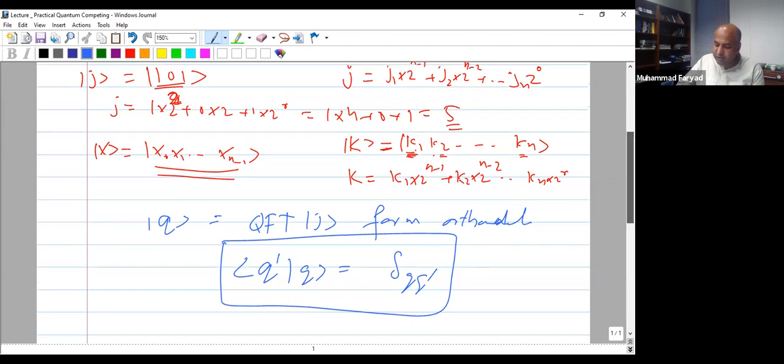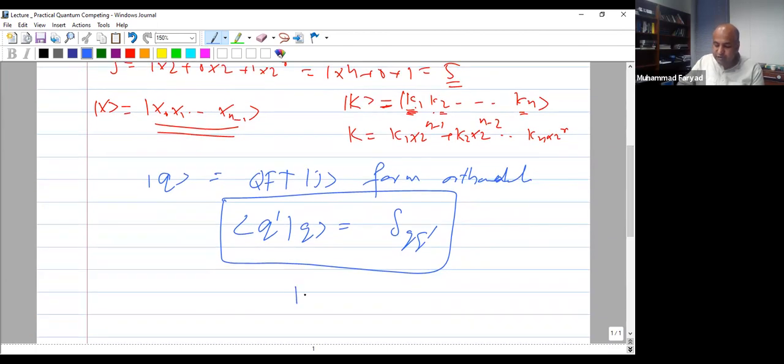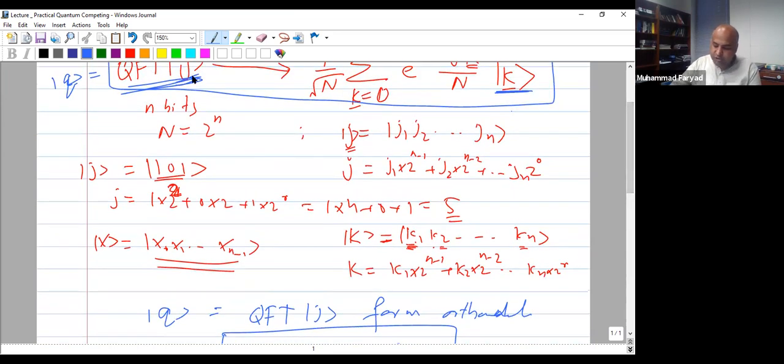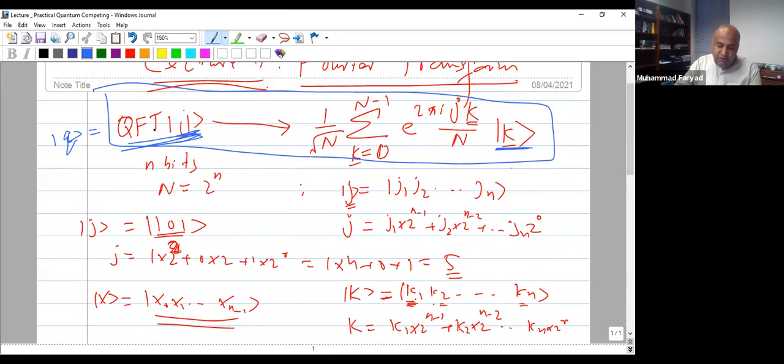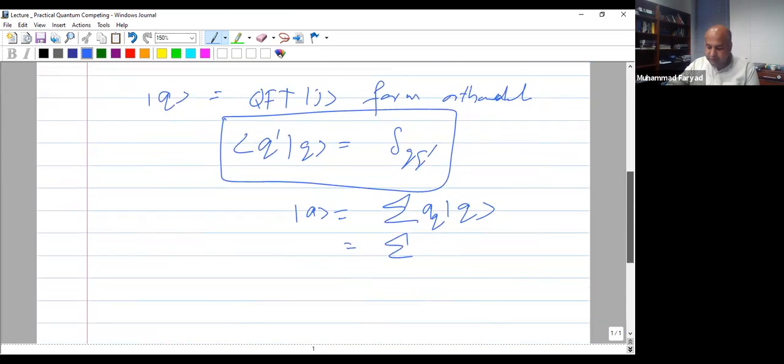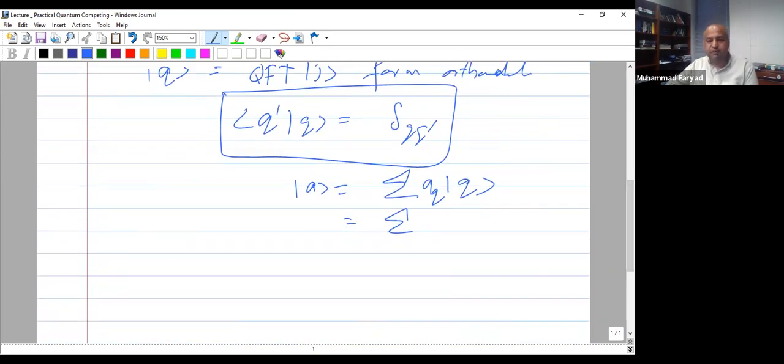It also means that I can represent any general state, let's call it some A, as a superposition of these states Q. So equivalently, we can represent this A in the original computational basis, but we can also represent it using this Fourier transform basis state. These orthonormality properties will be apparent when we implement it on Python as well.